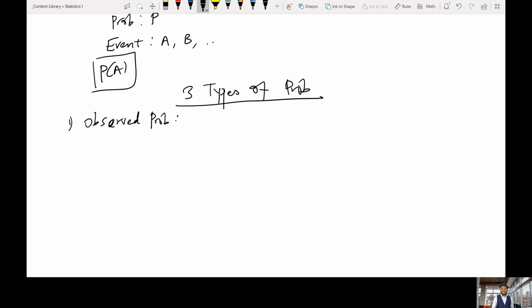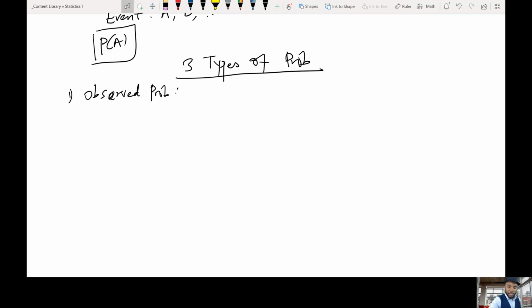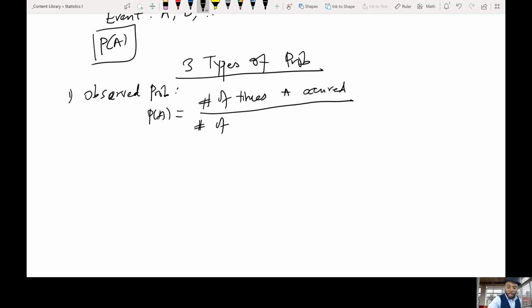So the probability of having a tail will be what? You can already guess. That will be 70 divided by 100. So that's an observed probability. So for an observed probability, the probability of A will be equal to the number of times A occurred divided by the number of trials, or the number of times the procedure was repeated.